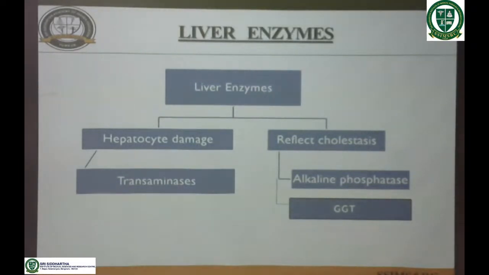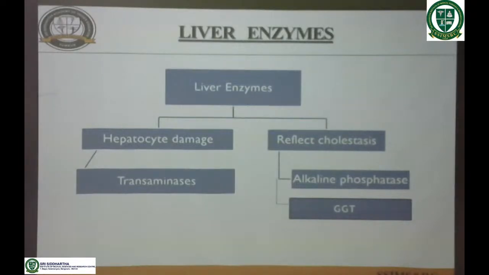For the identification of hepatocyte damage, we go for the transaminases enzyme test. When it comes to cholestasis, we go for two enzyme tests, that is alkaline phosphatase and GGT. Based upon the liver enzymes, we can diagnose specific disorders.